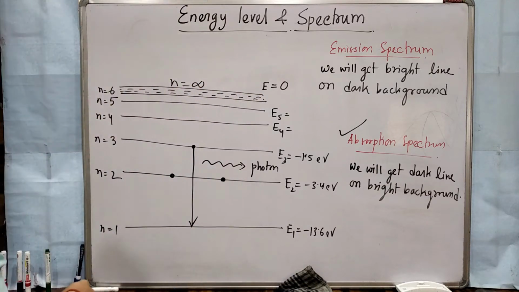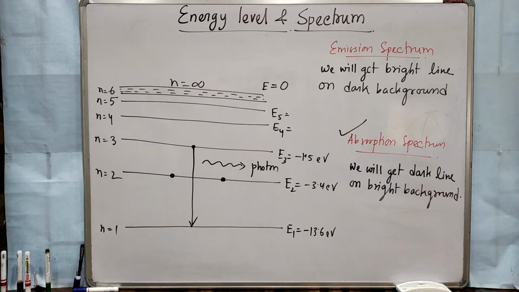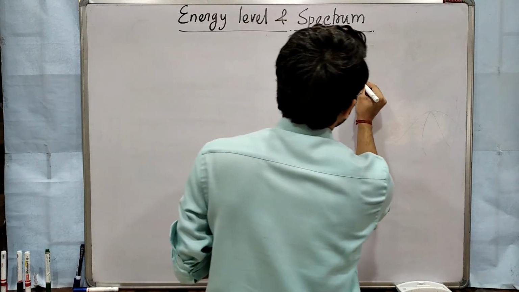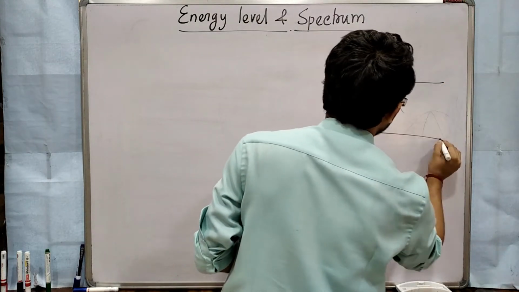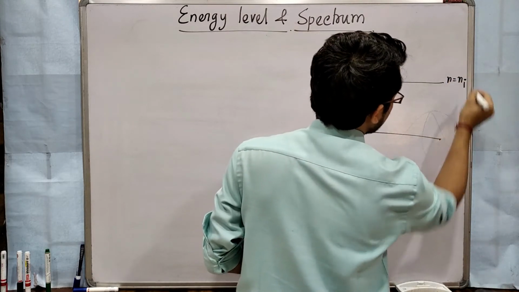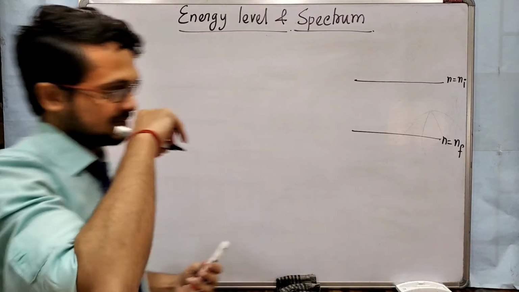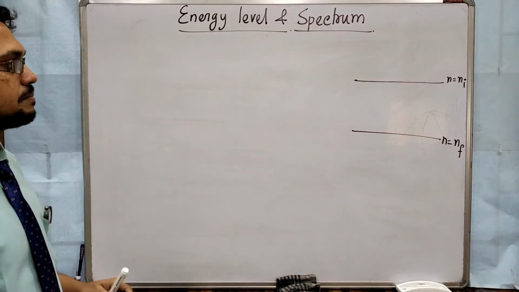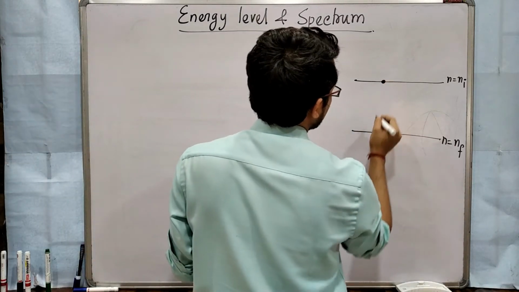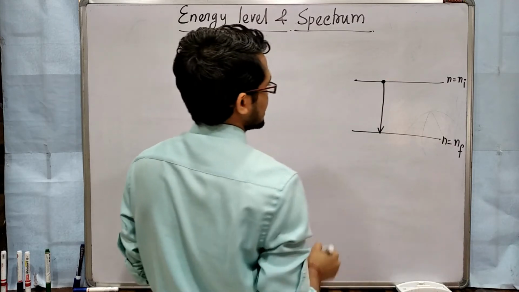Clear? Now come to the calculation of wavelength and frequency. Suppose I am taking two lines, this is n equal to ni, the initial level, and this is n equal to nf, the final level. First I am telling the general thing, then I will go to a particular case. Suppose one electron present at the higher state comes down to the lower state.